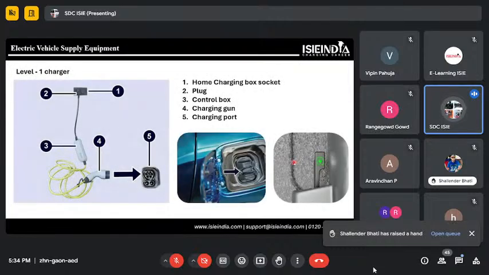So we will always go for the RCD chargers, which we also get as a value from vehicles, for two-wheelers and four-wheelers. Along with that, home charging sockets are required, plug, controller, charging gun.